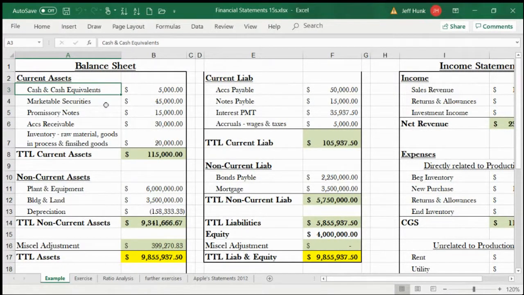Also, unlike stocks and bonds, they won't fluctuate that much in value, right?